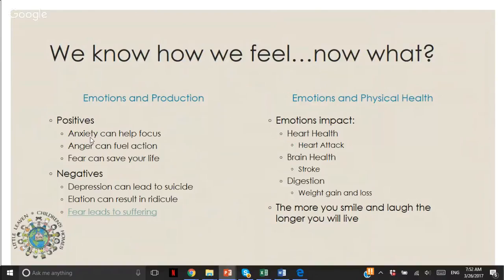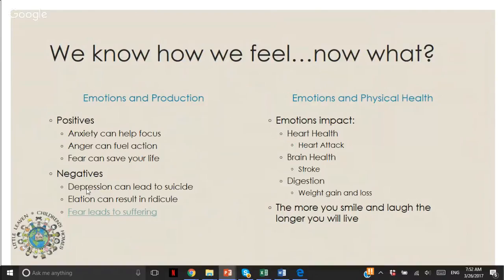Anxiety can help us to focus. If we're anxious, that can help you to focus. Anger can fuel action. Fear can save your life. Those are positive, productive things that can come from those emotions.